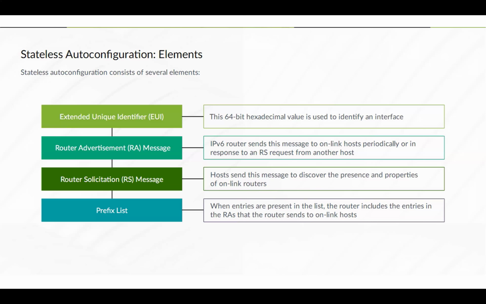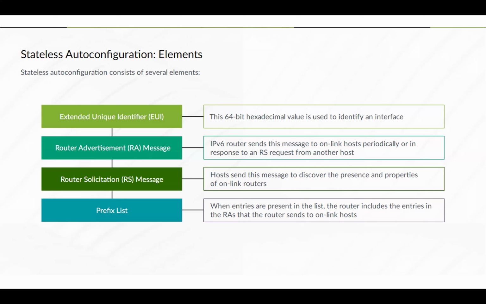They are using two types of messages. One is the router advertisement message, and the other is the router solicitation message. The router advertisement message comes from the router, and the router solicitation message is sent from the host.